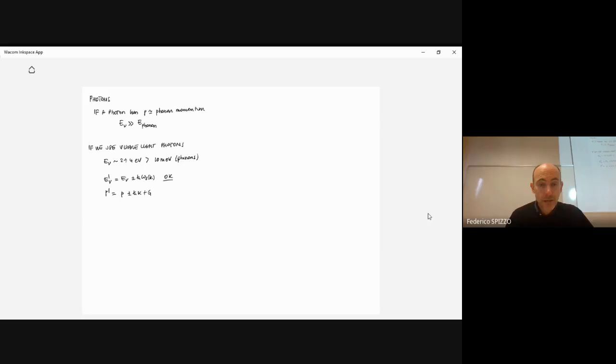concerning momentum conservation, the crystal momentum conservation, if we have photons in the visible light range, we have already seen that this P is nearly zero for the scale that is used to describe phonons. Phonons have a wave vector of the order of pi divided by a, where a is the lattice spacing, while visible light photons have a wave vector of the order of pi divided by lambda, where lambda is the wavelength of the photon.